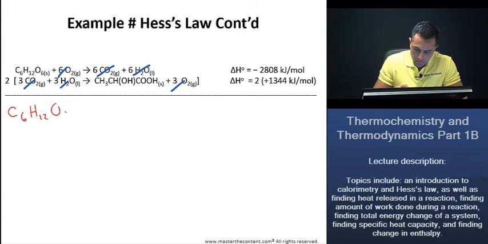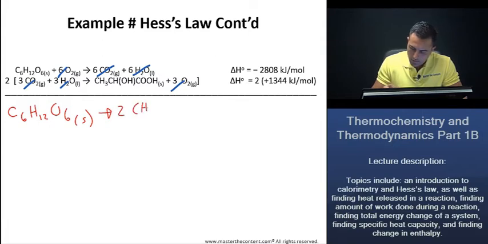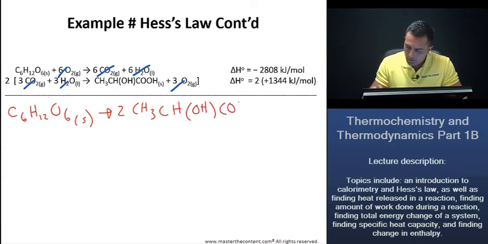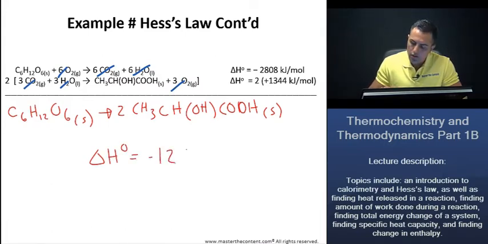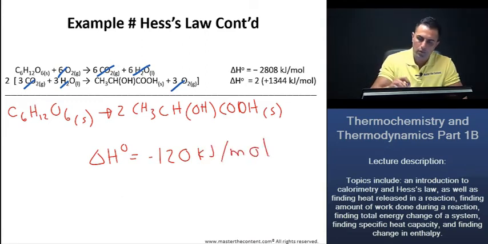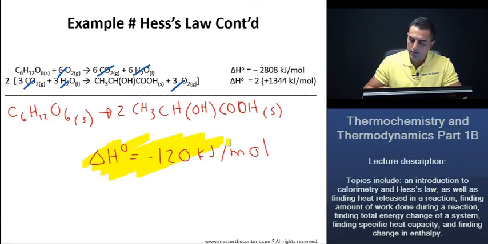Furthermore, we also have our lactic acid here as well. And once we just finish writing this here, COOH, solid, the standard enthalpy change, I'll just write it down here because we are a little limited for room, is going to be negative 120 kilojoules per mole. And there we are. That's our answer there.